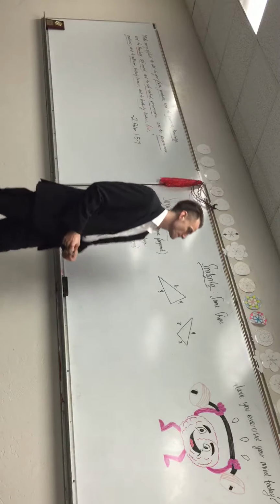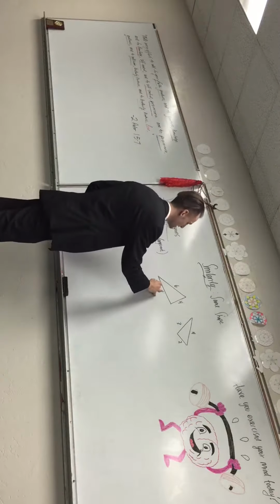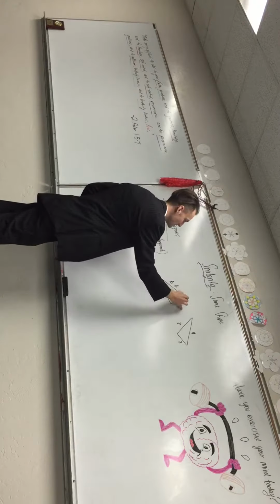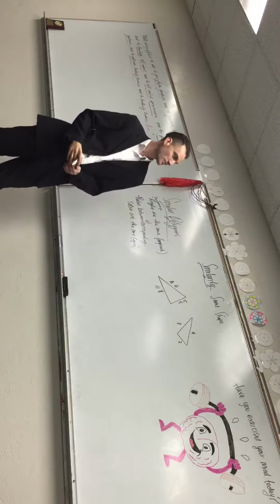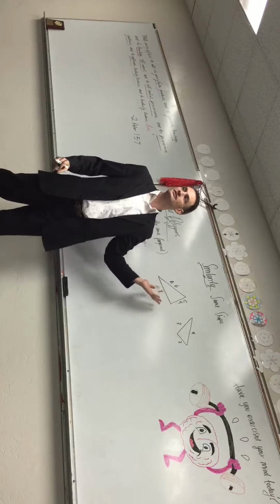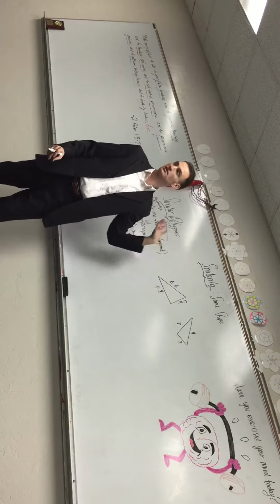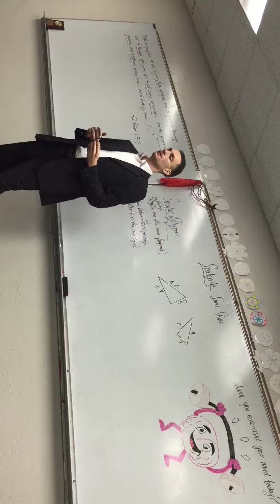Okay, let's help ourselves out. Let's say this is side A, this is side B, and this is side C. Clearly, this triangle doesn't look exactly like this one. It's like flipped or something, right?